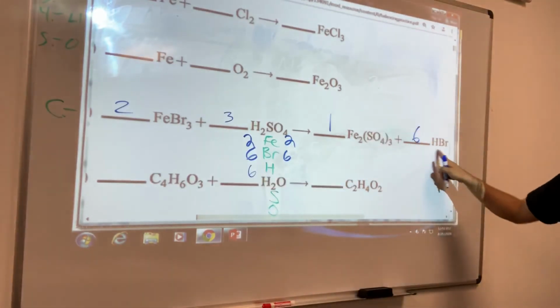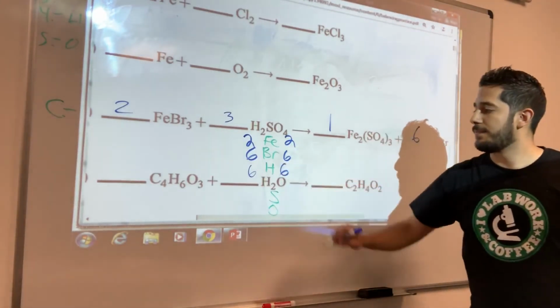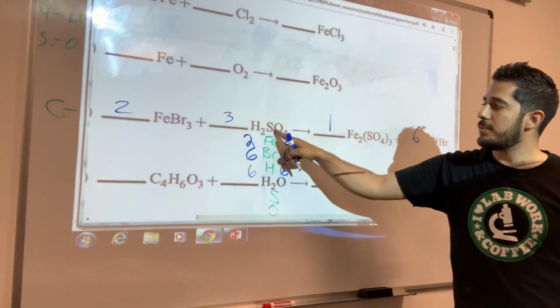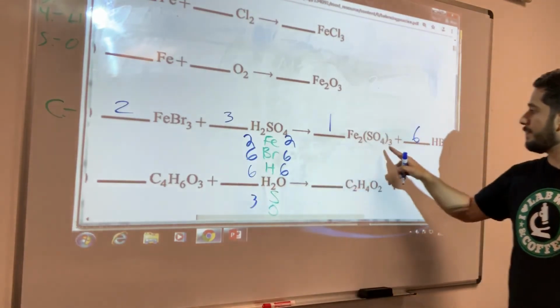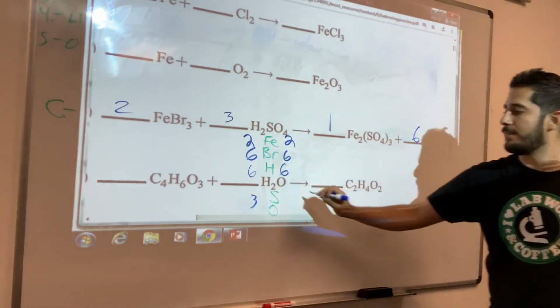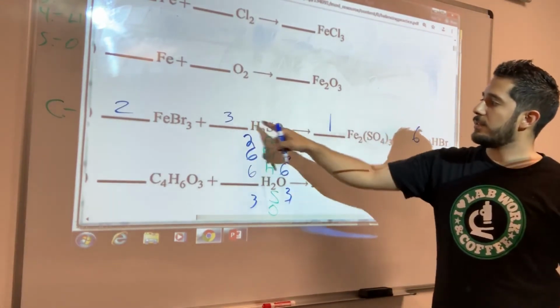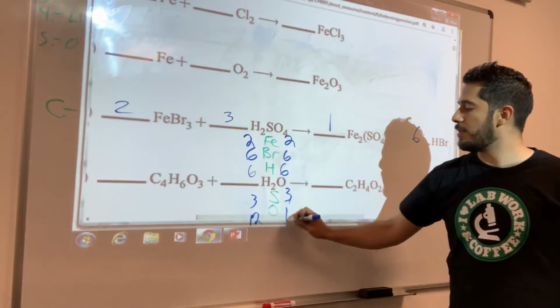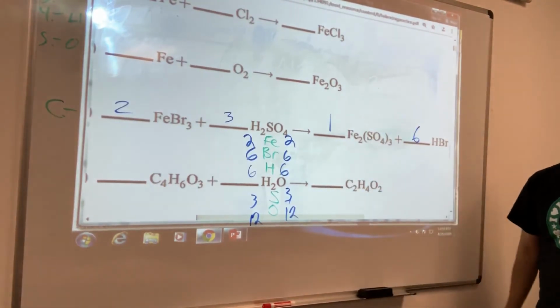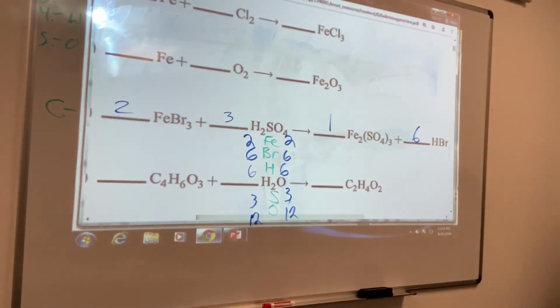And of course I put a big 6 in here, so it's gotta be 6. Sulfurs, 3 times 1, 3. Oxygens, 3 times 4, 12. 12 and 12 on this 4 times 3, right? So it's balanced. Those are the numbers we're looking for.